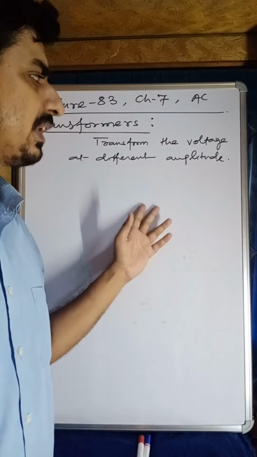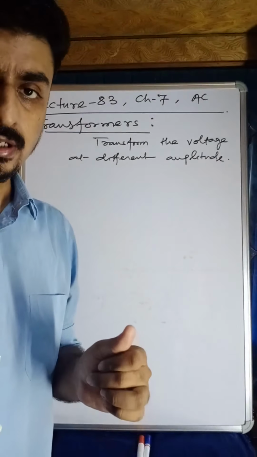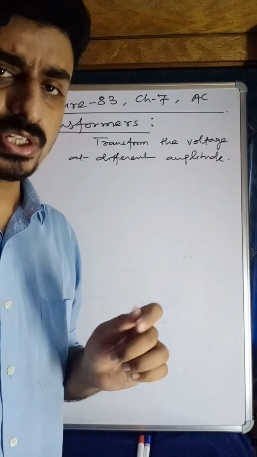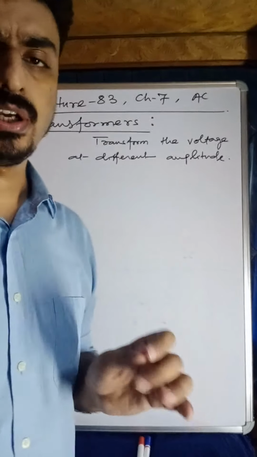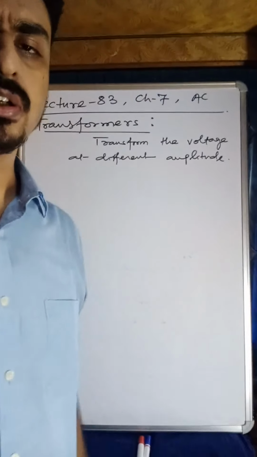So the transformer is used to change the voltage using the change in current. It works on mutual induction that we will study, but it is used to change the voltage using change in current.